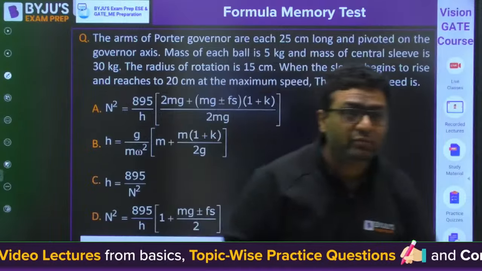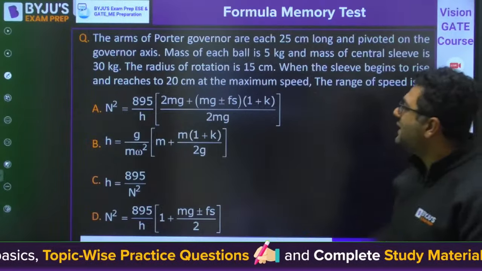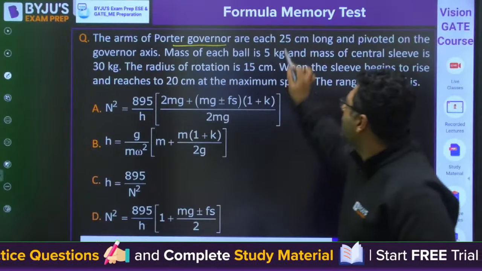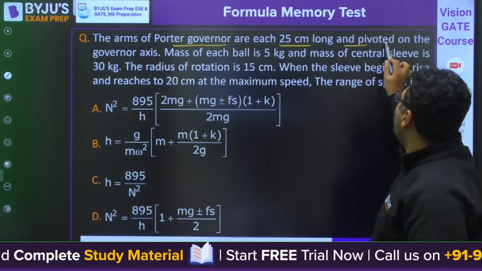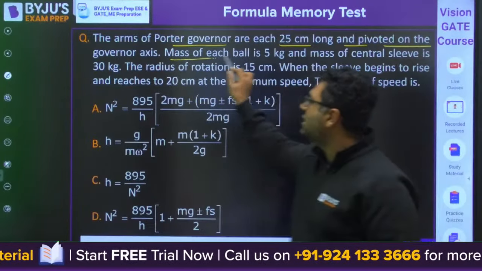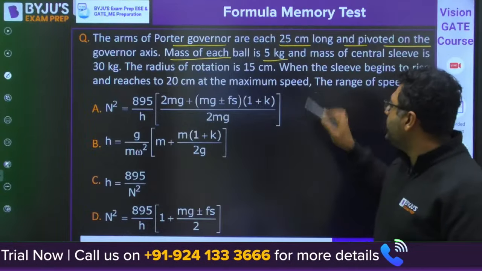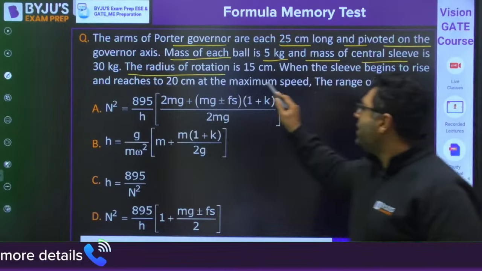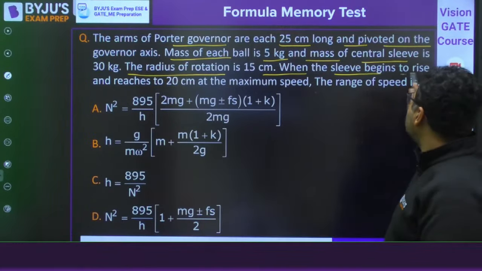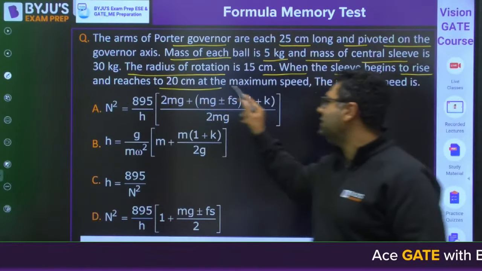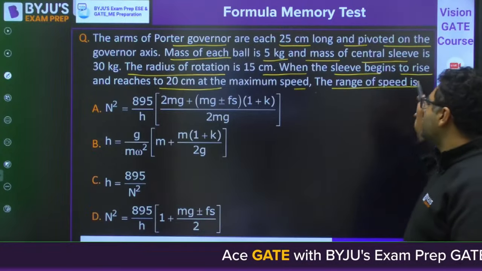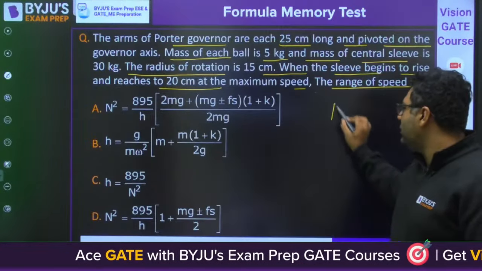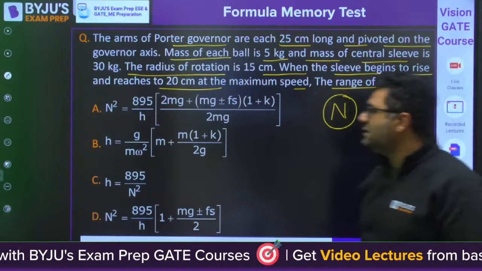This is once again from the governor, my dear, and it says the arms of a Porter governor are each 25 centimeter long, pivoted on the governor axis. Mass of each ball is 5 kg and mass of central sleeve is 30 kg. The radius of rotation is 15 centimeter, then the sleeve begins to rise, reaches 20 centimeter, maximum speed, the range of speed. So they are asking about N. Which formula is applicable?